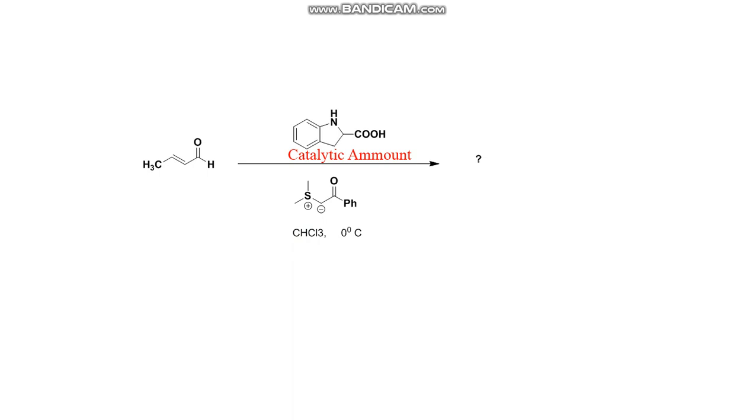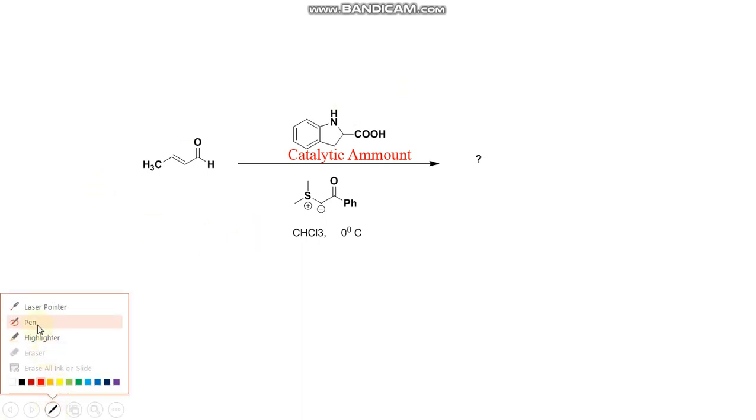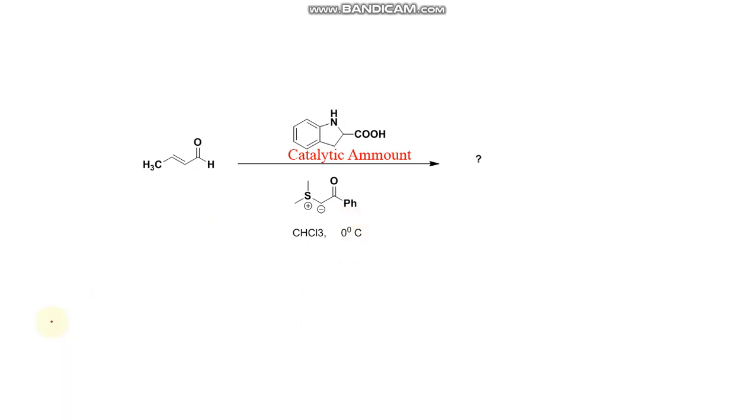Two opposite charges held in the same compound, which is a stabilization. That is a sulfur ylide. As you have seen here, sulfur ylide is one of the reagents for this question. This is the negative charge, which will act as a good nucleophile, and this is the positive charge, so this whole group will act as a good leaving group, and this is the nucleophile.